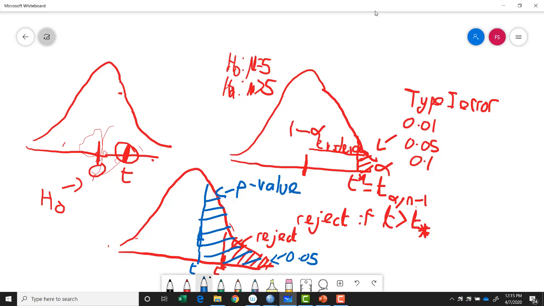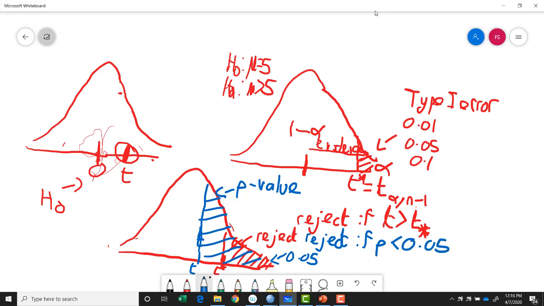Again, as we go to the right, my p-value gets smaller and smaller. And when t hits t star, my p-value is 0.05. And if my p-value is less than 0.05, I'm in the rejection region. So we can also reject if my p-value is less than 0.05.